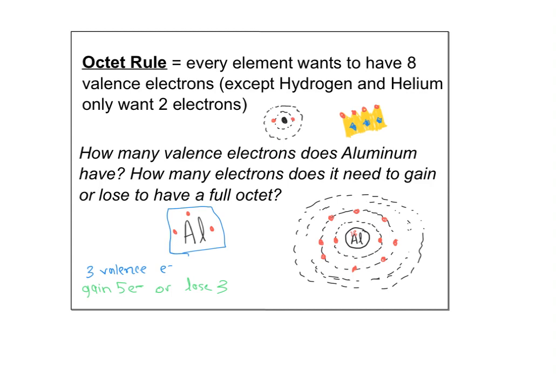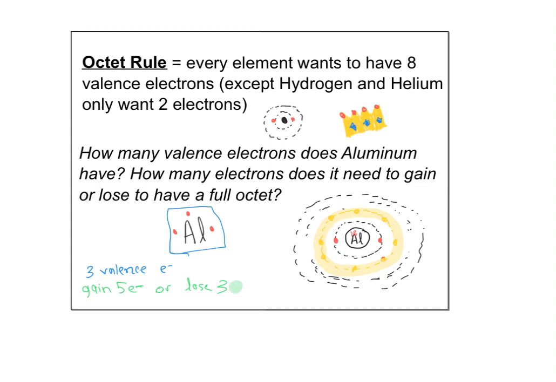Well, is now the outside ring, which is this ring, right? The outside ring is the one that has electrons farthest from the nucleus. That technically is full. Okay, so aluminum has a choice. In order to have a full octet, it can either gain 5 electrons or lose 3. Well, what is easier?